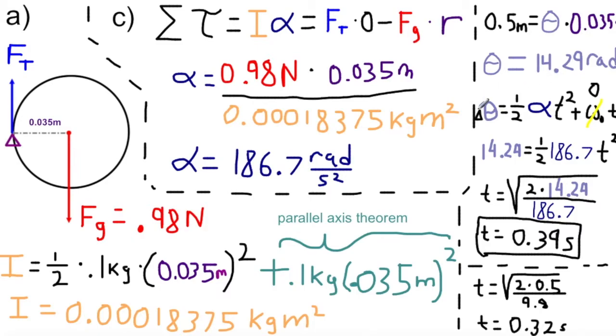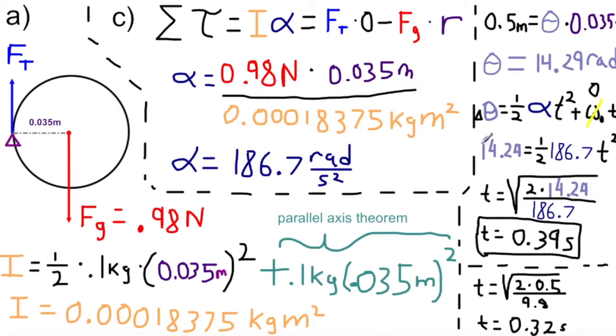So we then want to find, we're going to use the first kinematic equation for rotation. So our change in theta equals 1/2 our angular acceleration times time squared plus our angular velocity initial times time. We're starting from rest, so that initial angular velocity is 0.